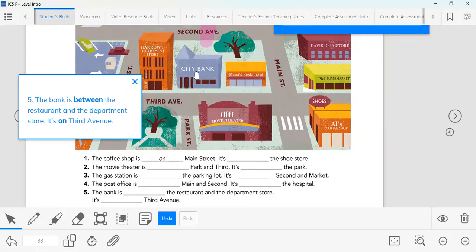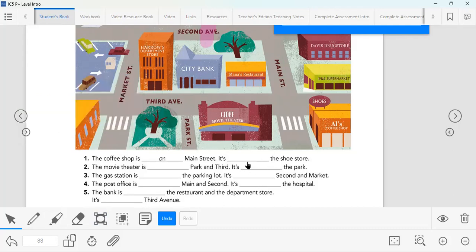Okay, between. Because I have one here and the other here. So the Citibank is between. O solo menciono una calle. Ok, so on. Cuando solo menciono una calle, on 3rd Avenue. Solo estoy usando una. Si yo usara 2 calles, puedo decir on the corner of. Ok. Ahí sí uso 2. On the corner of. So that's the idea.